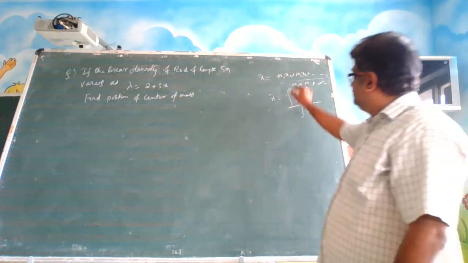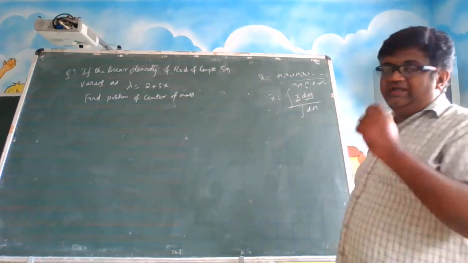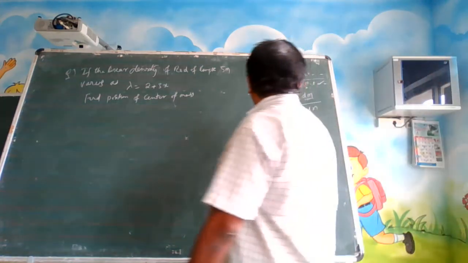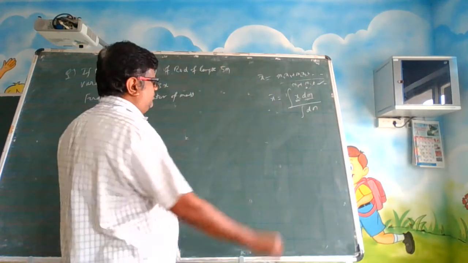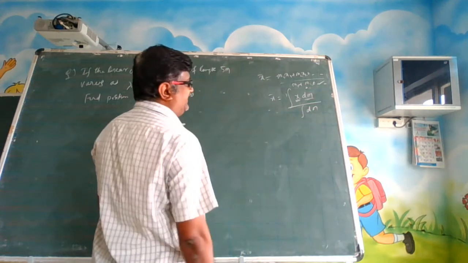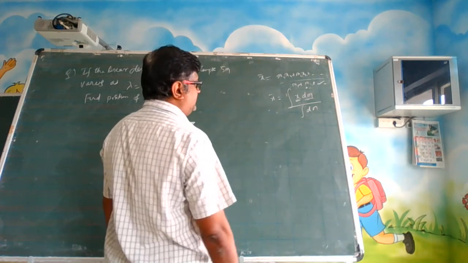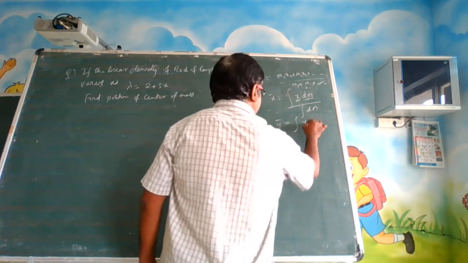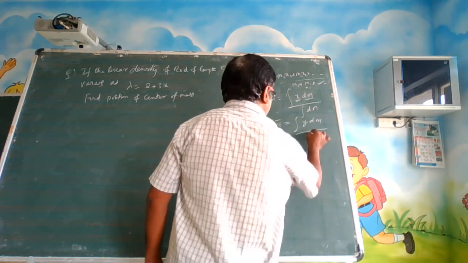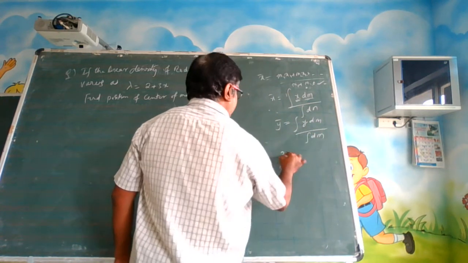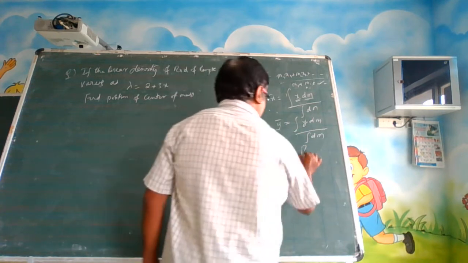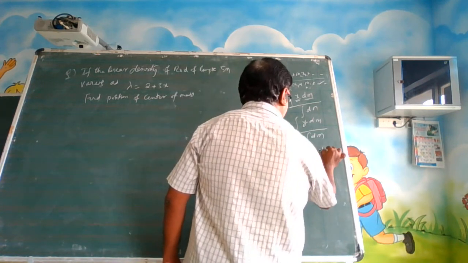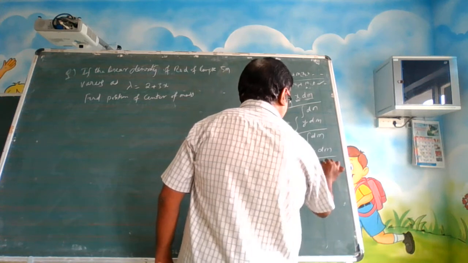So dm is a small element. When you use the integration approach, x bar is equal to integration of x dm by integration of dm, y bar is equal to integration of y dm by integration of dm, and z bar is equal to integration of z dm by integration of dm.